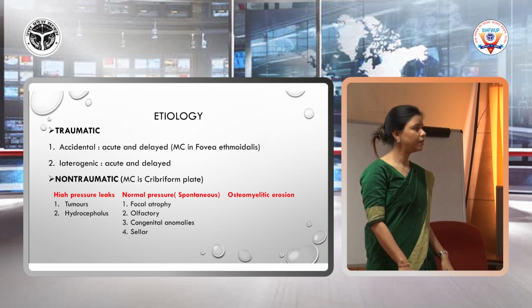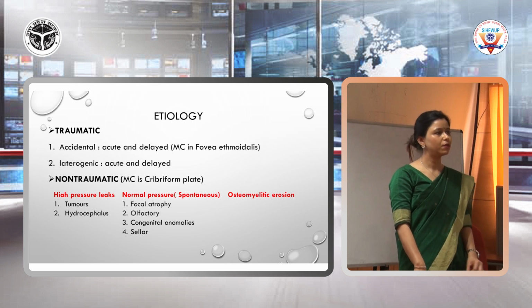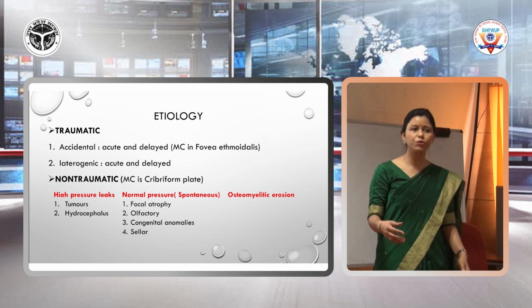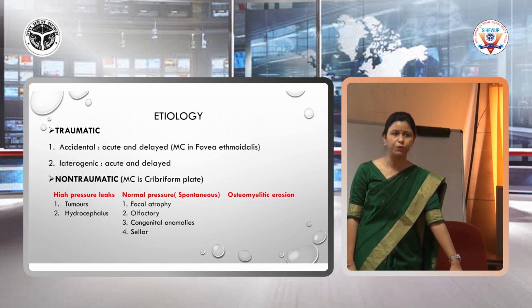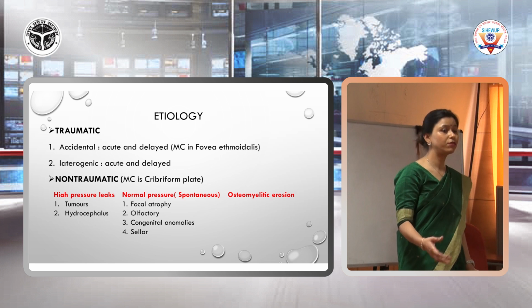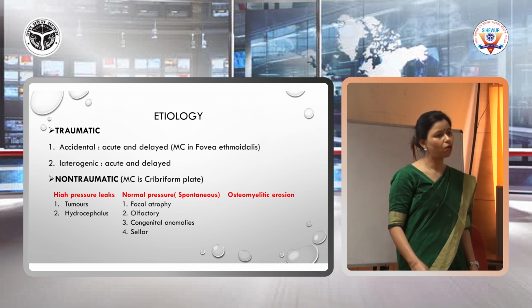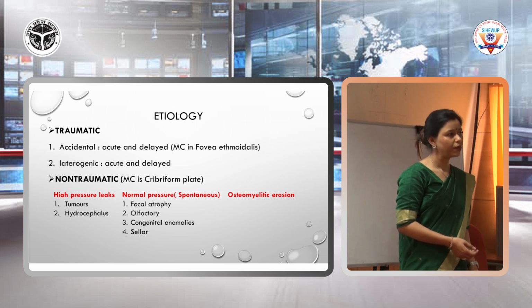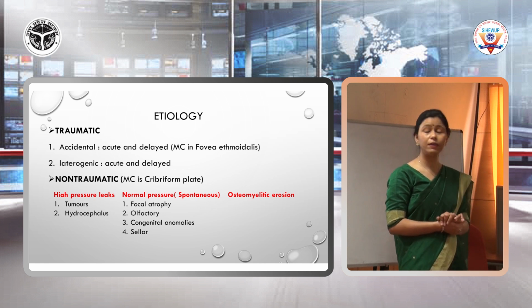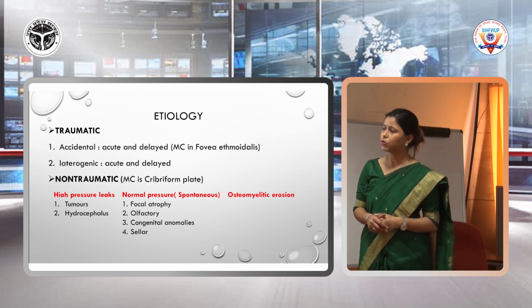The present opinion is that there is nothing like Sternberg's canal, and it is just the erosion only that gives rise to CSF rhinorrhea. Earlier, the leaks from the lateral recess of the sphenoid were all attributed to this Sternberg canal. But not all of them are Sternberg canal. There are very few cases of Sternberg canal, and we'll see where the location is.